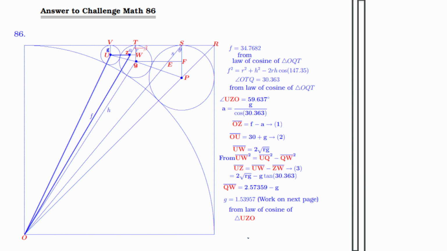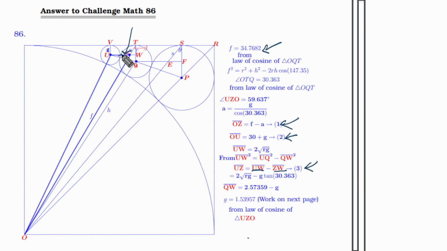Here we have the F value, and thus we can get F minus A for one side. On another side, OU is 30 plus the radius we're looking for. And another side, UZ, is UW minus ZW, as you saw here.